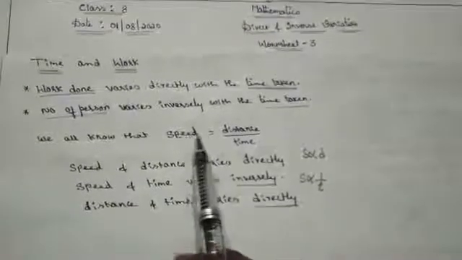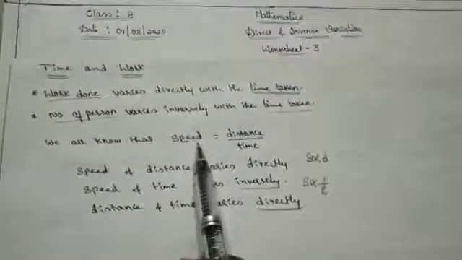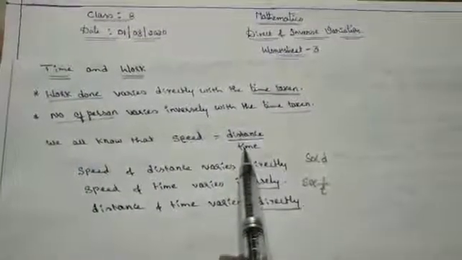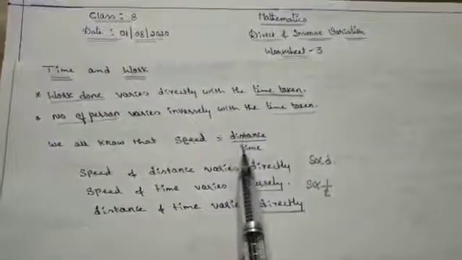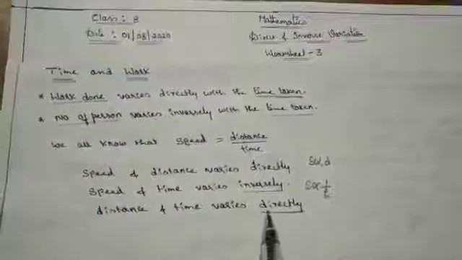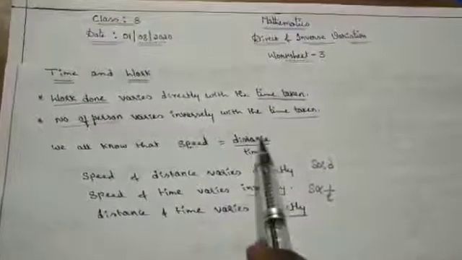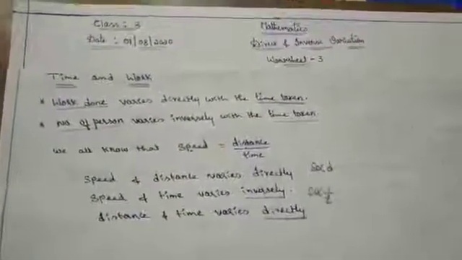If the speed increases, time decreases. If the speed decreases, time taken increases. And now the relation between distance and time, they vary directly. If distance increases, time taken increases. If the distance decreases, time taken decreases.